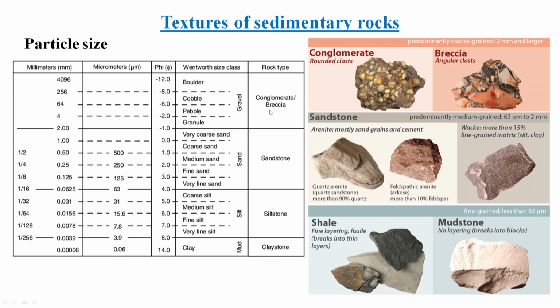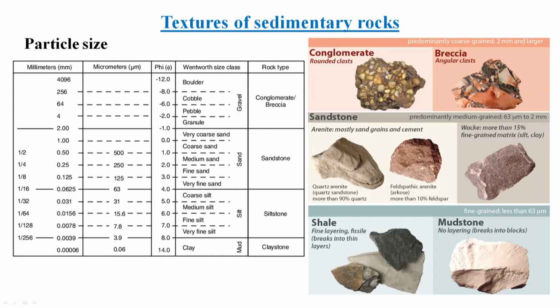And based on this particle size, your sedimentary rocks are classified into these broad groups, starting with the conglomerate or the breccia, a type of sedimentary rock. You can see you have these large clasts, or large fragments of rock, which are generally rounded in nature. In that case, they will be considered under conglomerate.